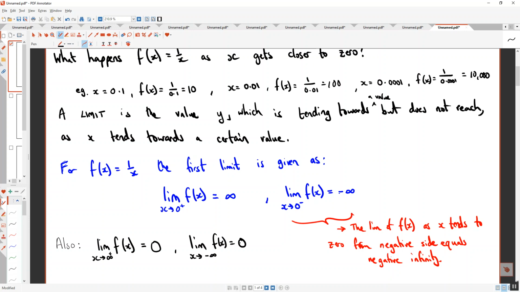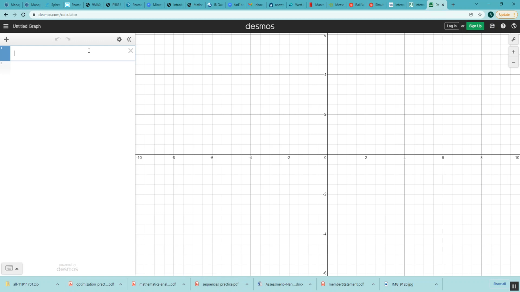It's a little bit strange, but we'll draw a sketch of 1 over x to see what it looks like, and hopefully that will make things a little more clear. So here is the graph of, actually, what do you think it's going to look like? You might know already.